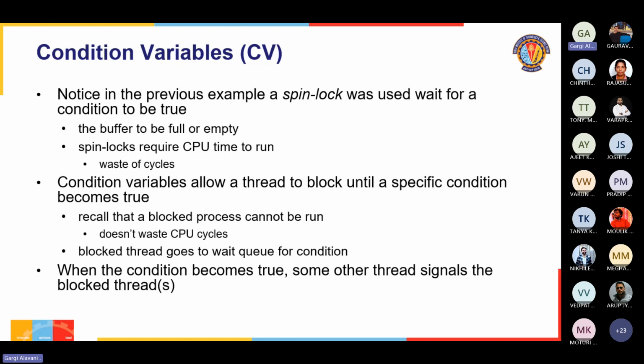But condition variables allow a thread to block until a specific condition becomes true. Since we have already put the condition here, the blocked process can run as soon as the condition is complete, and hence the extra CPU cycles that are needed get reduced in this case.